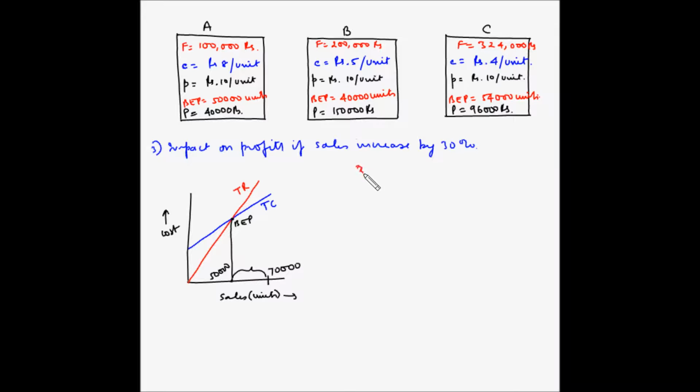So 30% of 70,000, this is 0.3 multiplied by 70,000, which is equal to 7 threes are 21 and one decimal, so we'll cancel 1 0, so 0 0 0. So 21,000 units increase in sales.